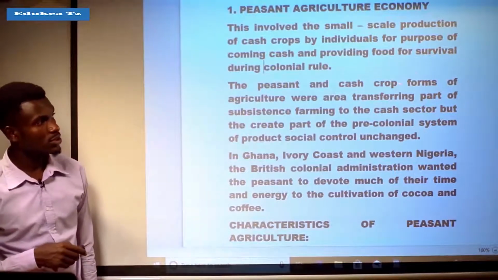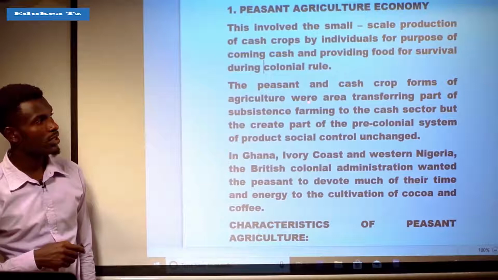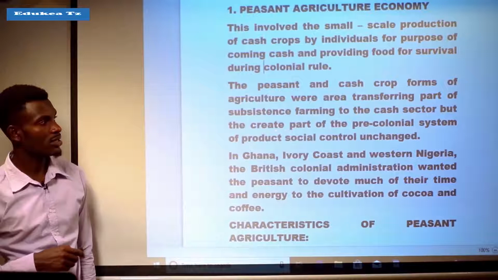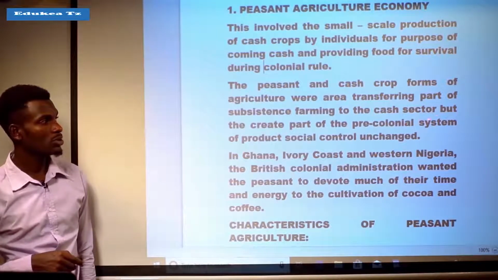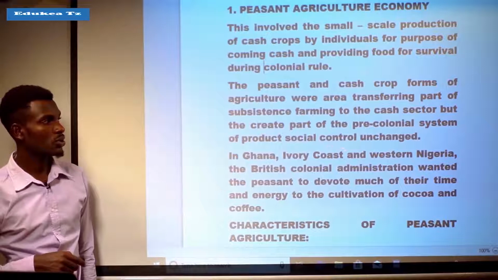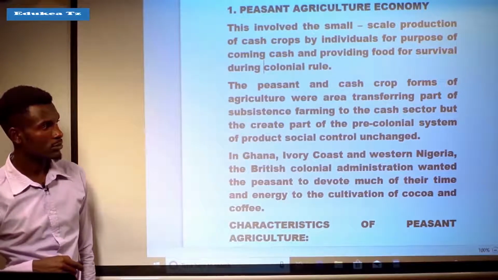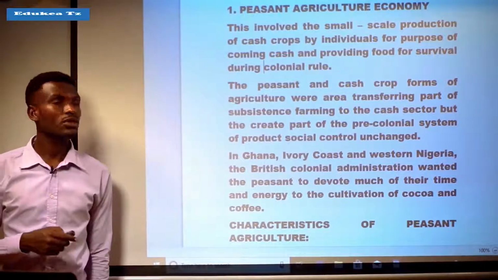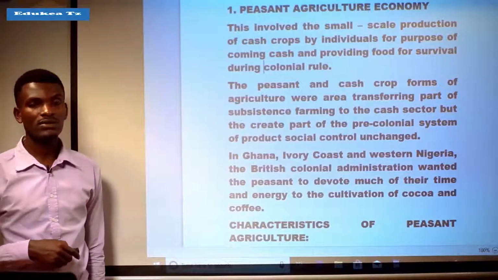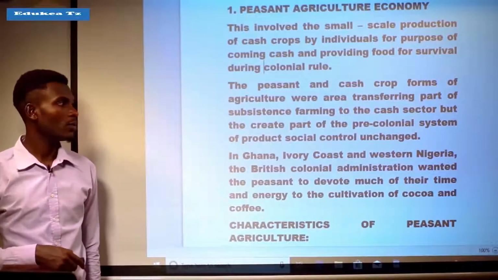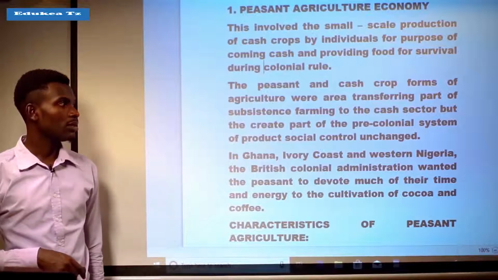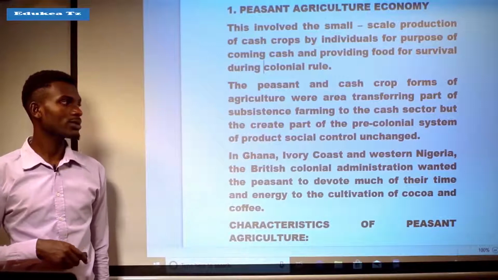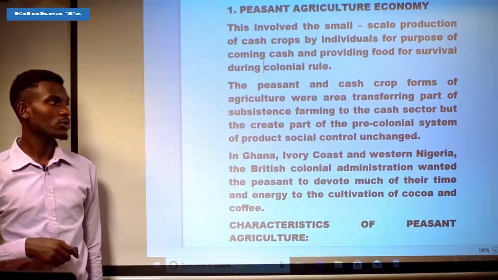The peasant and cash crop forms of agriculture were transferring part of subsistence farming to the cash sector, but they kept part of the pre-colonial system of production, social control, and change.